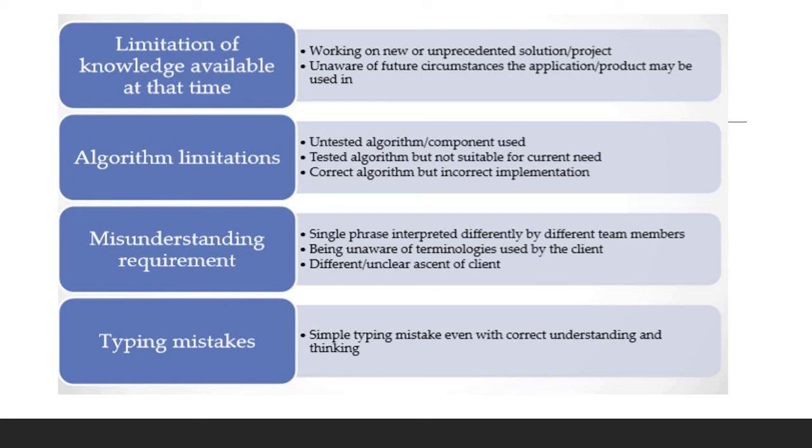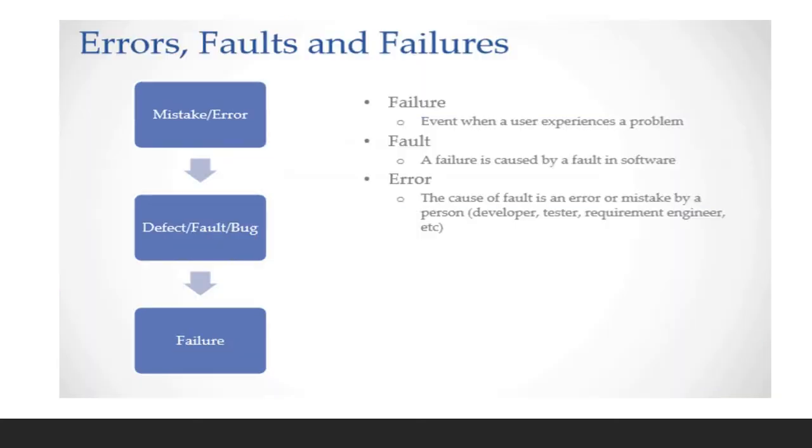Another cause is being unaware of the terminologies used by the client, or an unclear extent of the client's needs. And last but not least, a typing mistake. Sometimes there are typing mistakes that result in incorrect understanding and thinking.